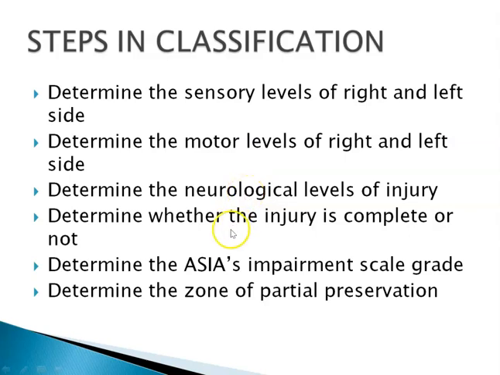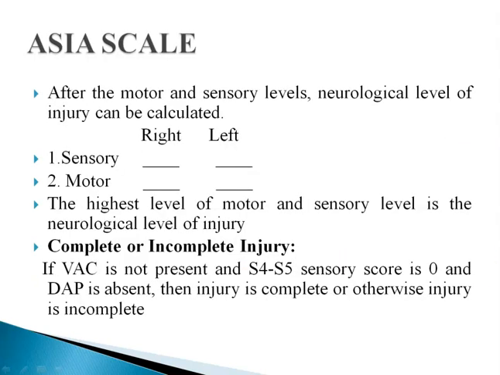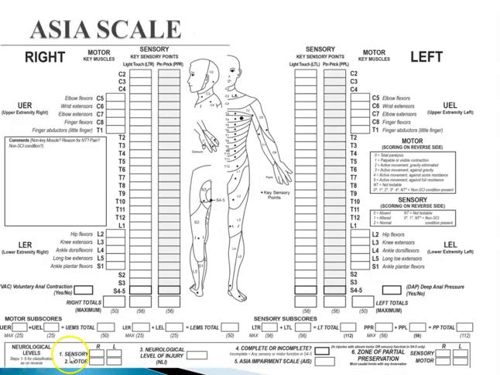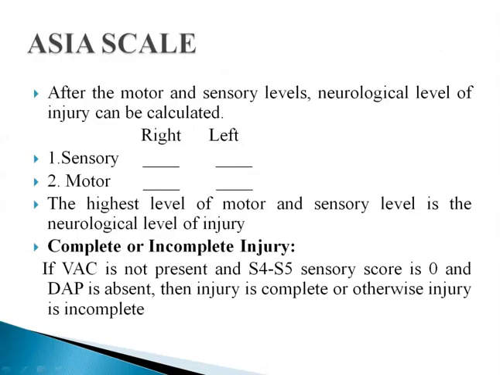Then find out whether the injury is complete or incomplete. Then determine the ASIA impairment scale grading. Then determine the zone of partial preservation. That's what I was explaining so long. So it is sensory and motor scores, then the neurological level of injury, complete or incomplete, ASIA scale grading, then ZPP, that is zone of partial preservation.